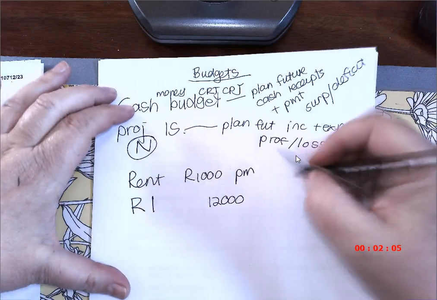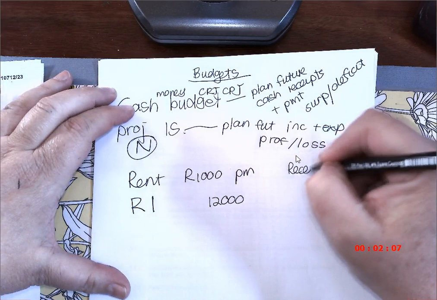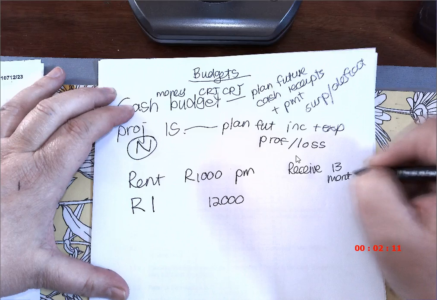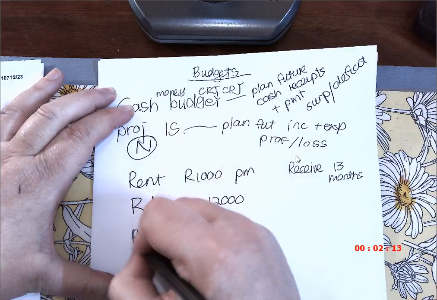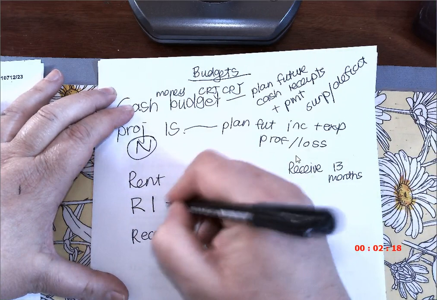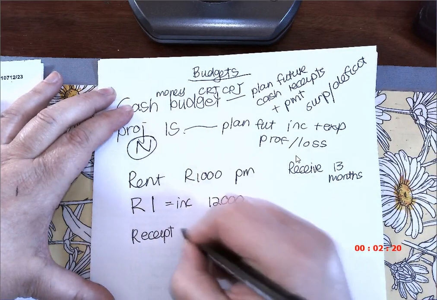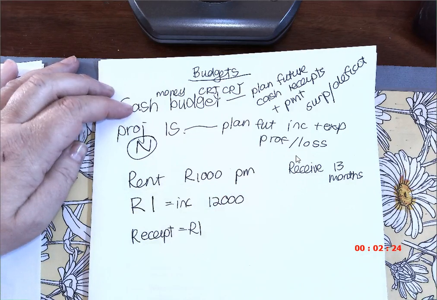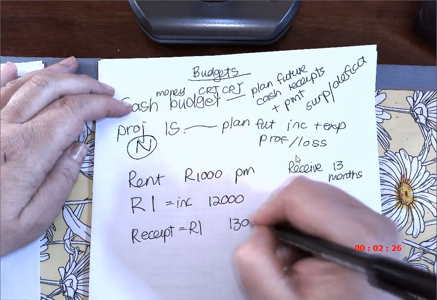Now I say to you, I received 13 months. What is going to be my receipt? What did I receive? Meaning, how much money did I get? 13,000.